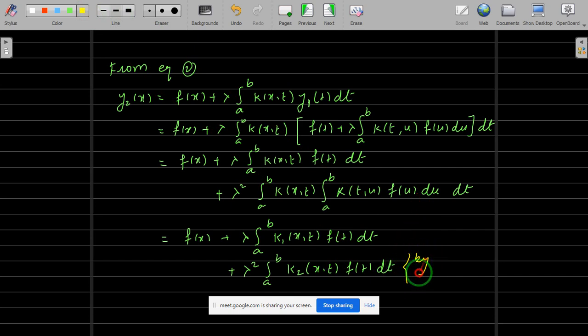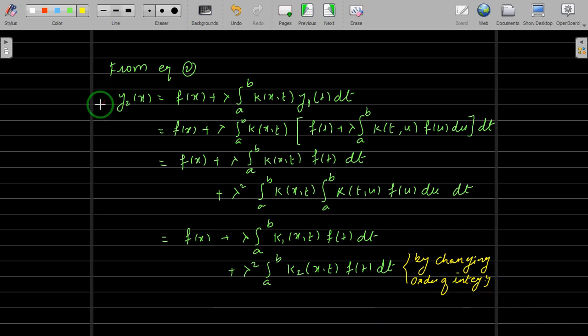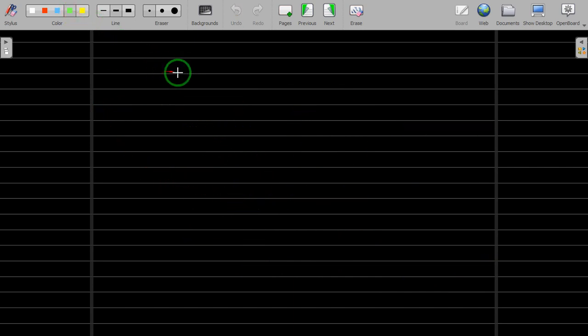So I'll write here for your information, by changing order of integration. Directly you can't change the order of integration. There are some rules which you have to follow for that, right? And in this case, since we have used this k1 k2, let me write what is k1 and k2, where k1 of x comma t is equal to k(x,t).